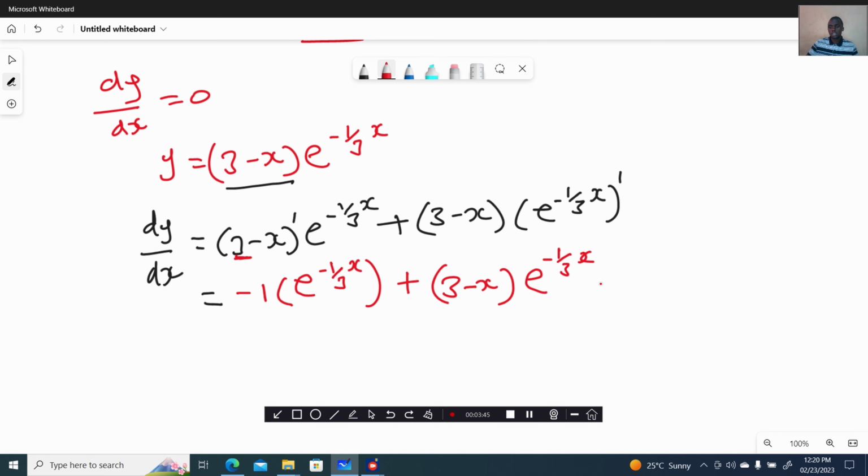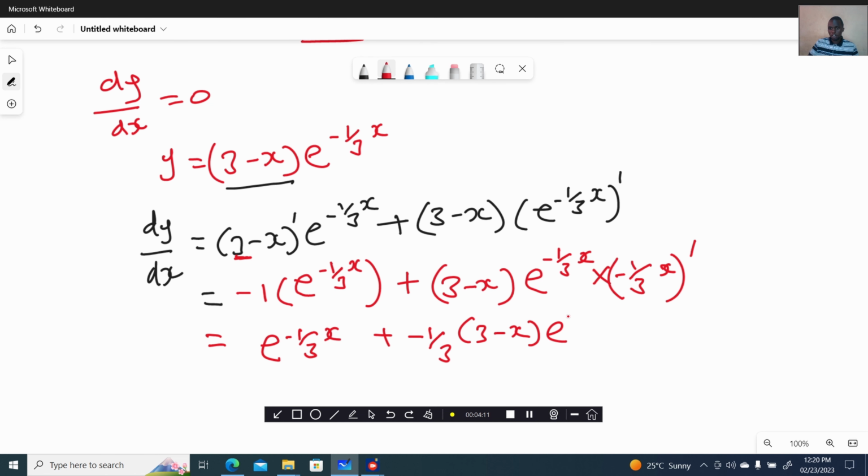We pick the argument, negative 1 over 3 x, differentiate it, and keep the function e to the power of negative 1 over 3 x. When you differentiate this part, you have negative 1 over 3, into bracket 3 minus x, then e to the power of negative 1 over 3 x.